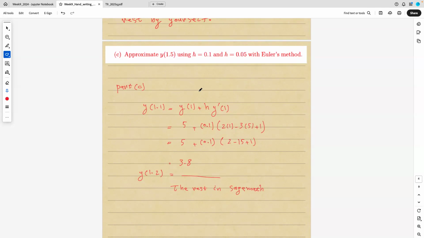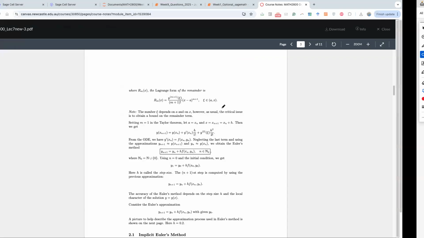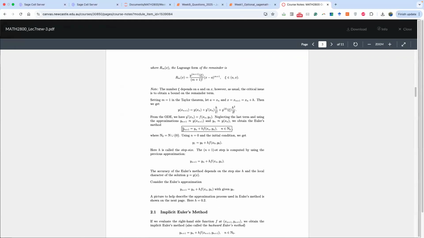Where did I get this one? So y n plus 1, y of 1.1, will be equal to y of 1 plus h times f. F is like y prime. Okay, so I just use the classic Euler's method.